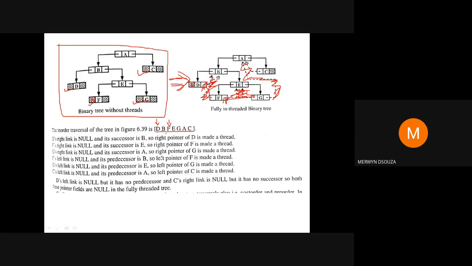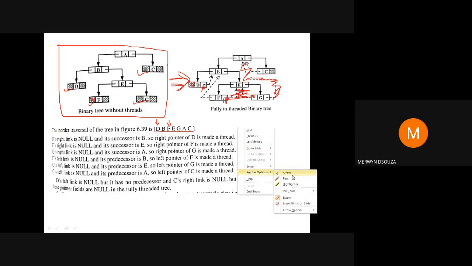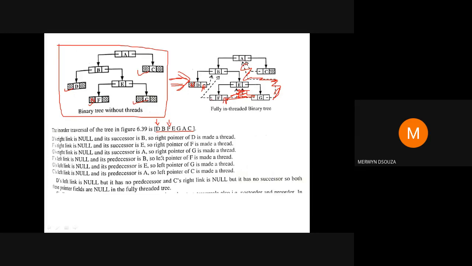When you are drawing a pointer now from F to B, you are going to draw a dotted arrow, like it is shown here. So this means that F is pointing to its in-order predecessor. In-order predecessor of F is B. And this dotted arrow is nothing but a thread.